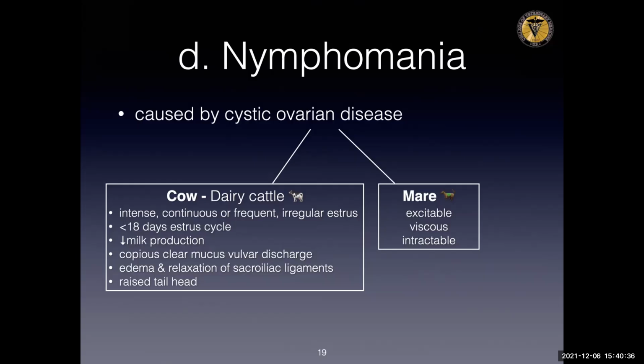But early on, usually, the reason why they go into nymphomania is because they're producing a lot. And the more they produce, the more you want to feed them with concentrates, and then the domino effect happens as what I mentioned earlier. But once they already have this cyst, one of the clinical signs would be a decrease in milk production.